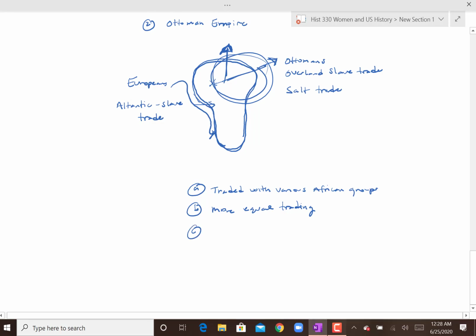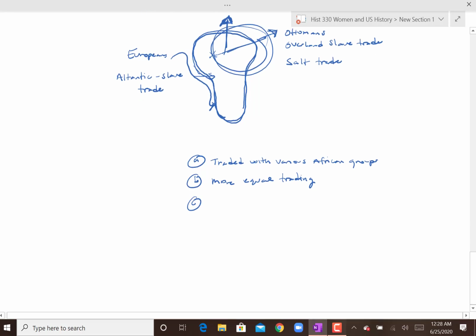The other thing is it didn't significantly disrupt the whole system. Part of that was that it was a smaller number of slaves. The overall number of slaves within that region of the slave trade was significantly smaller, and the demand did not exceed, let's say, the availability of slaves.